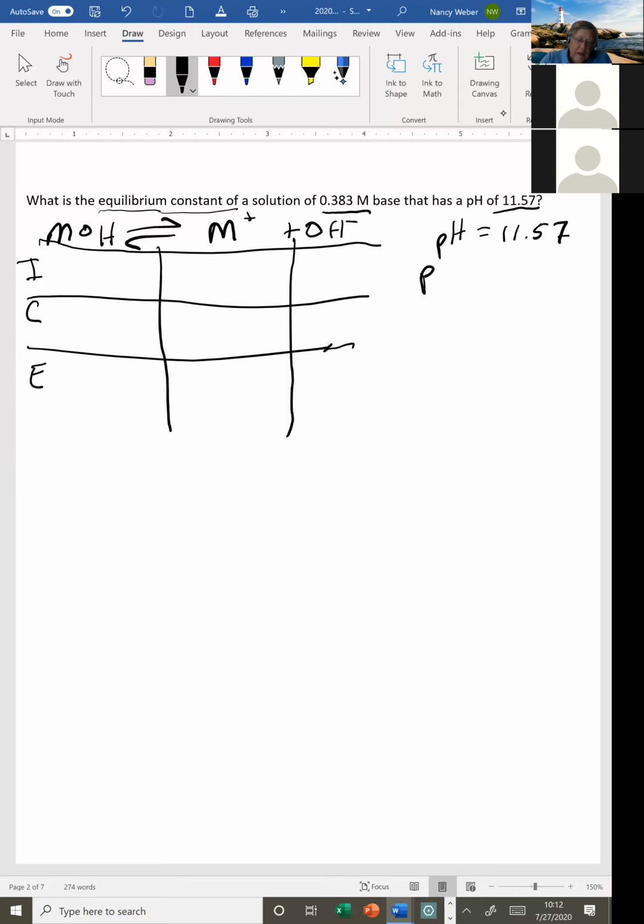That means pOH equals 14 minus 11.57, which is going to equal 2.43. Now, why am I changing to pOH?